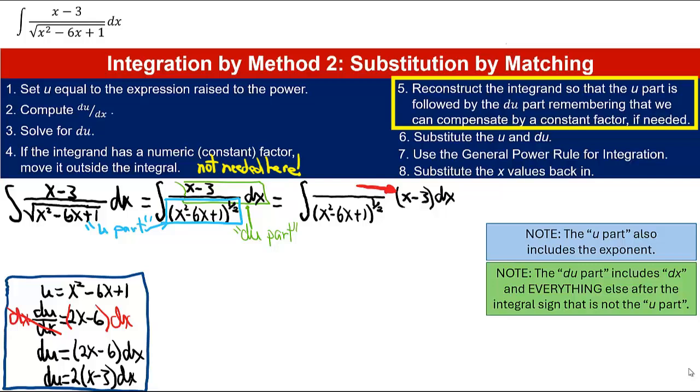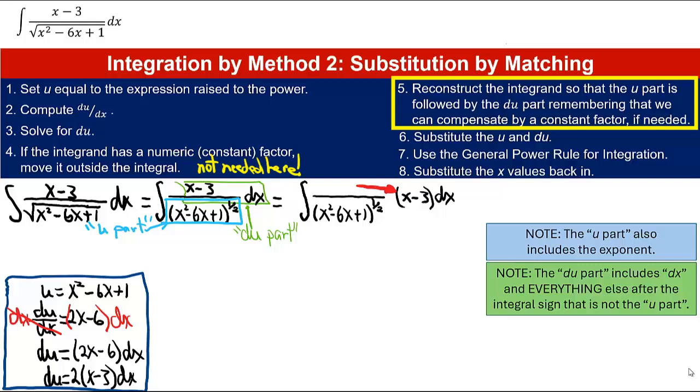I want the du part to be at the end, and the x minus 3 is part of the du part, so I'm going to physically shove the x minus 3 out of the numerator over to multiply the dx. Now it's perfectly okay to do that, because that's like x minus 3 over 1, so you haven't really moved it from the numerator in theory. It's just pushed with the dx.